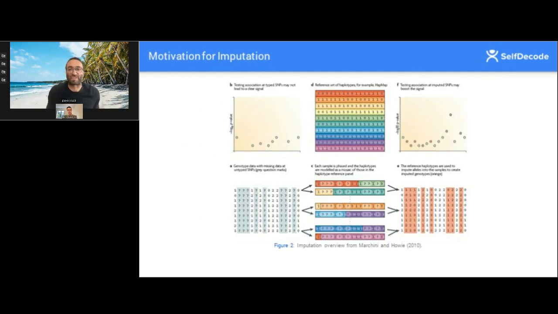So let's go through an example of how this works and why this is important. Okay? So as you see in the bottom left over here, this is classically what you get. You'll get a microarray done. Let's say you wanted to do microarray genotyping in like 100,000 people, and you have a list of sites on the microarray that the machine gives you the genotypes for, for those people.